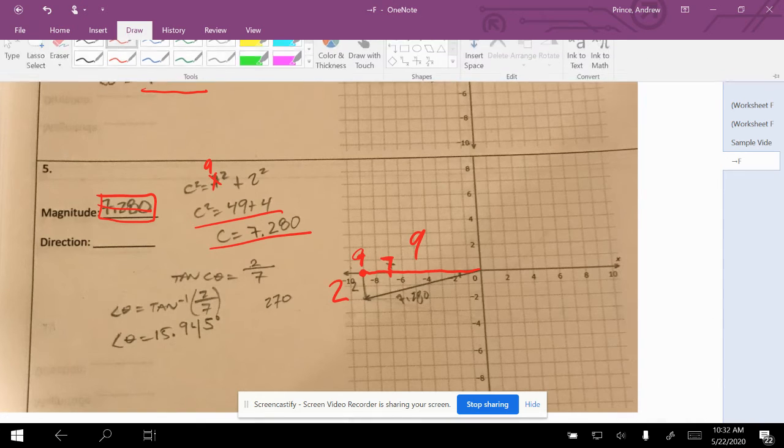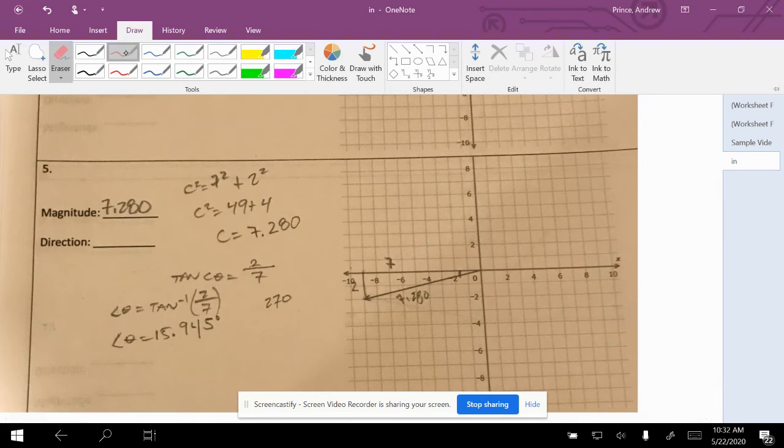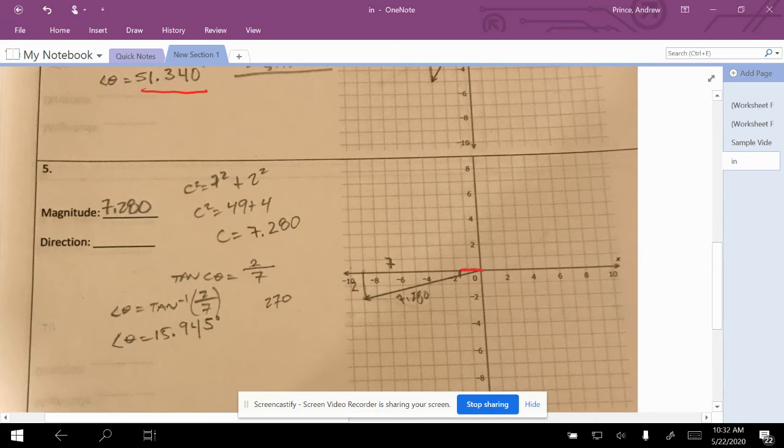So on charts like these, if they're just showing you a picture instead of giving you the numbers, make sure you pay close attention to where those lines end, because this is coming negative, and it actually comes to -9 and then -2. So the coordinates for that would be -9, -2, and you have it shown as a -7, -2.